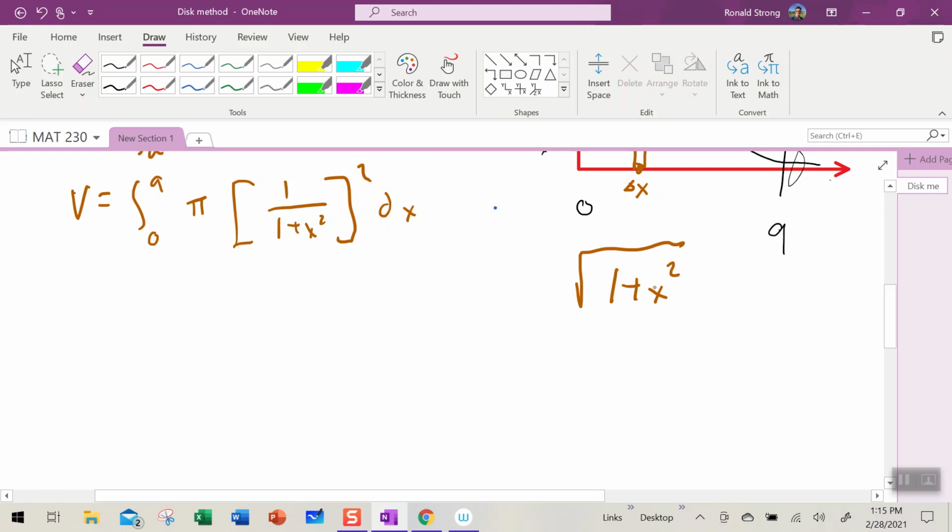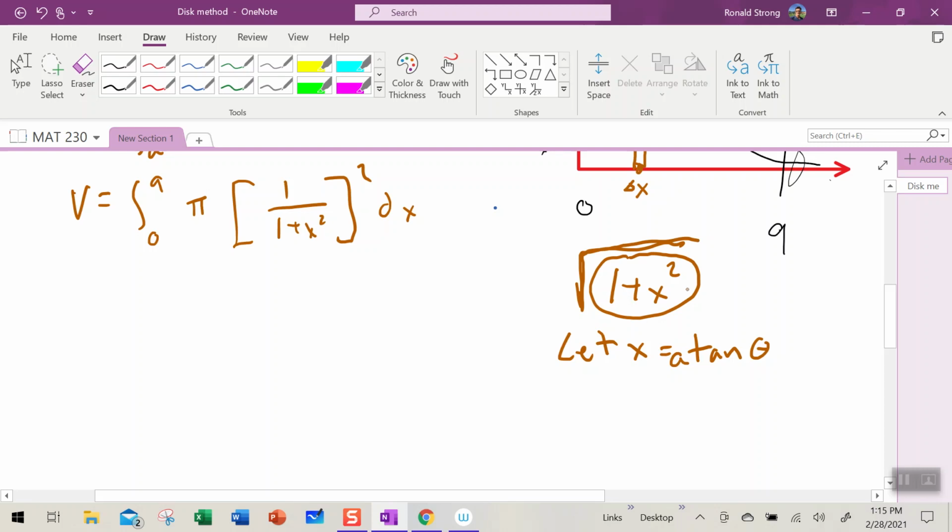Never hurts to try. So if I let x be equal to tangent theta, because this is basically what this form would be. If we had a radical here, we would be using a tangent theta.